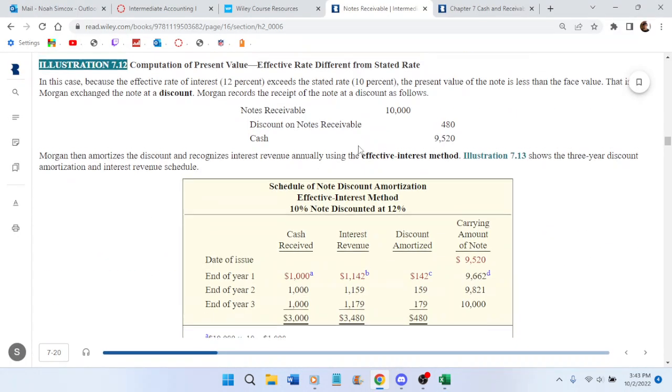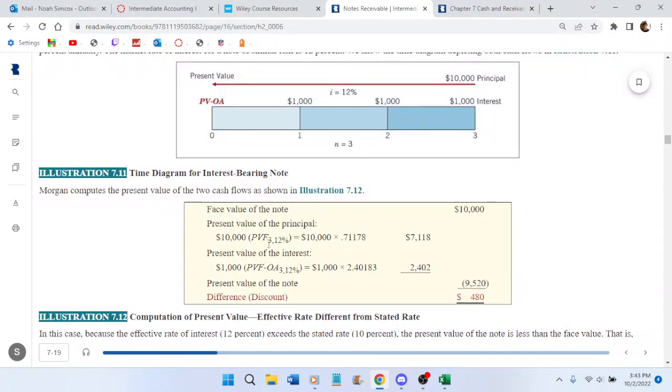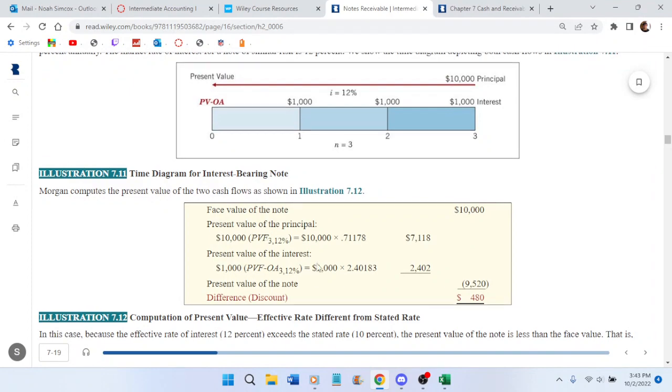The book doesn't even explain how they did it this way, let alone how to actually do a financial calculator. They didn't even explain what this was.